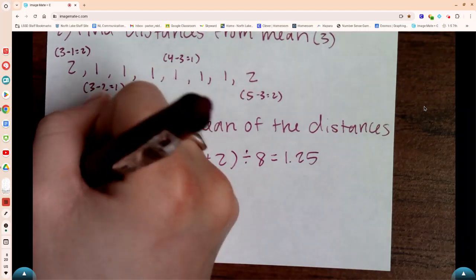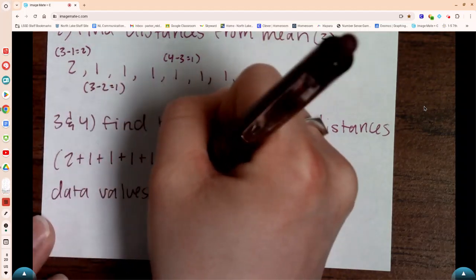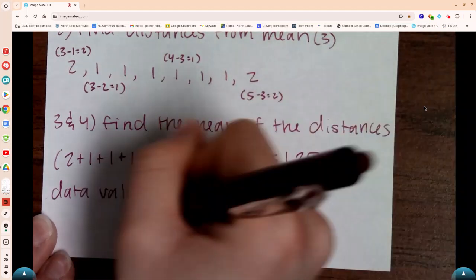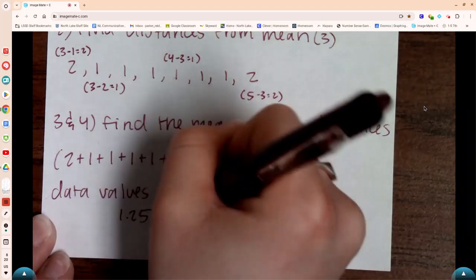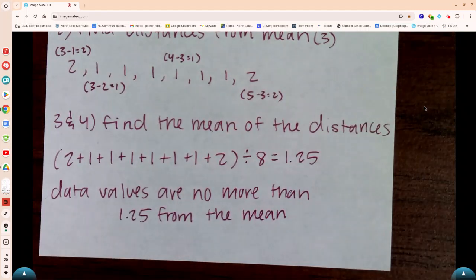So I'm going to write data values are no more than 1.25 from the mean. On average.